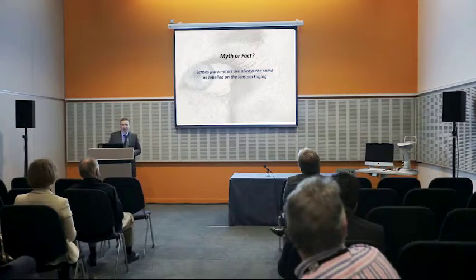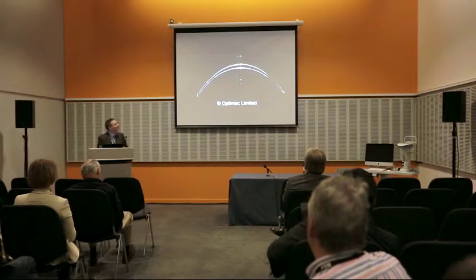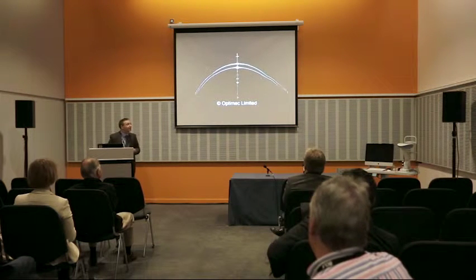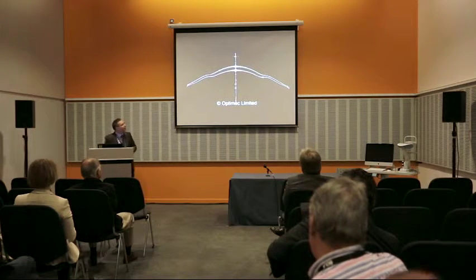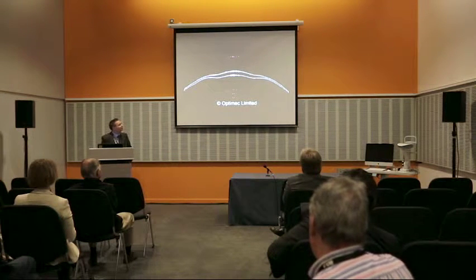So, myth or fact time: our lens parameter is always the same as labeled on the packaging. I'm just going to show you a very interesting video. This is a lens in a dry state after it's been lathe cut, and it's going through the hydration process.